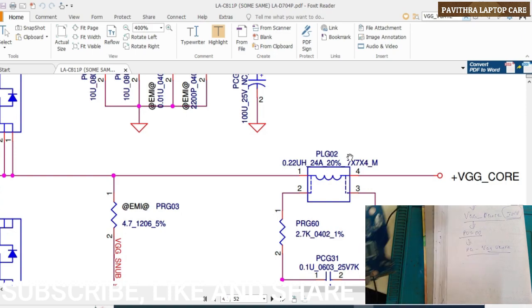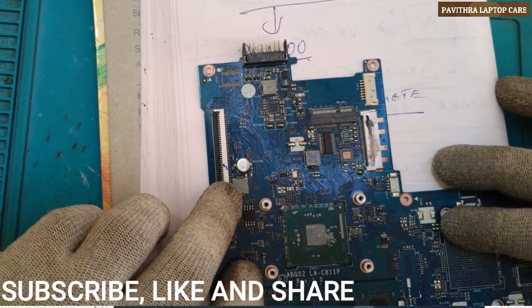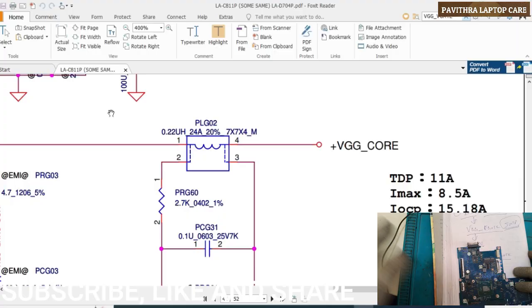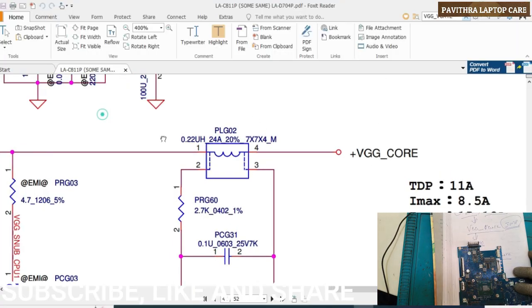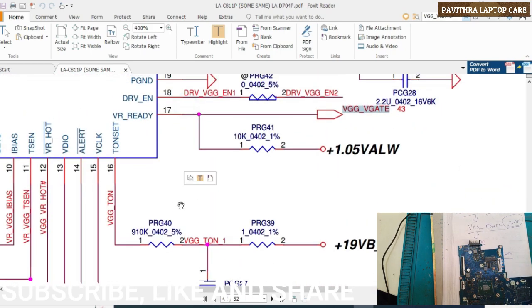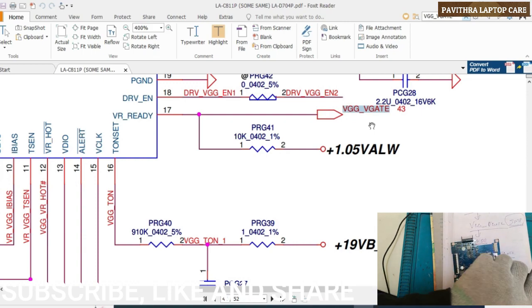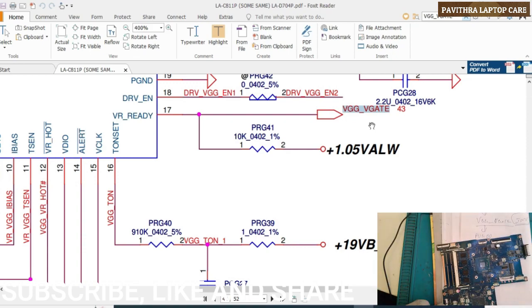Check it here. So which coil is it? Right, this is the PLG02. This is the output. That VGG core section is there, no? Through this core section, this output is coming out. This voltage is 1.05, which we are already getting. From this particular section we are getting power good to the V core section.